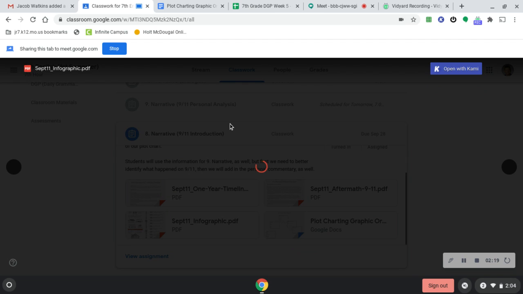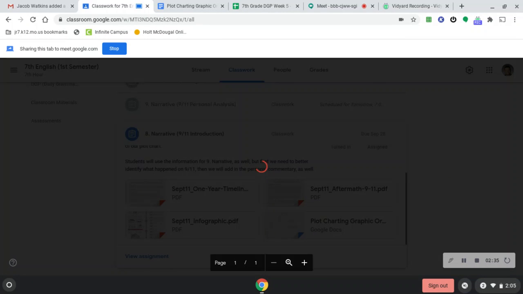Does that make sense? So in the exposition and the conflict, the rising action, you should be able to map out exactly what people go through up to that point and then after. Does that make sense? All right.